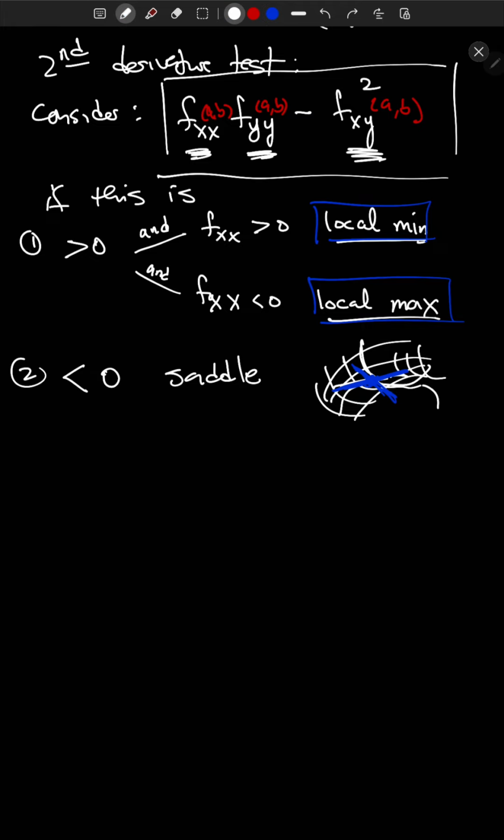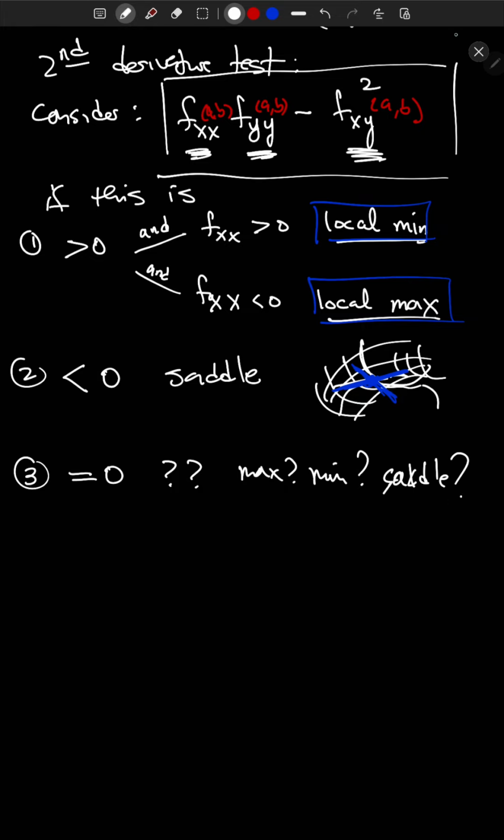And number 3, if it's equal to 0, then we don't know. Could be max, could be min, could be saddle. Okay, so that's it. That's the second derivative test.